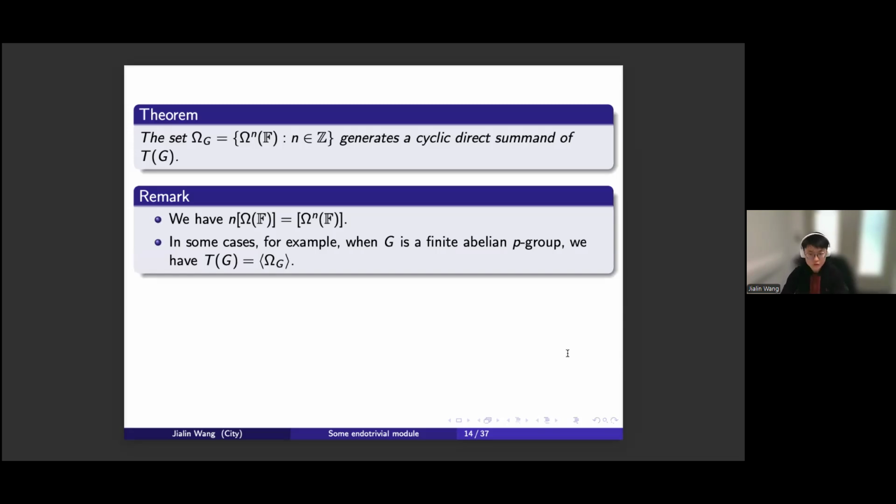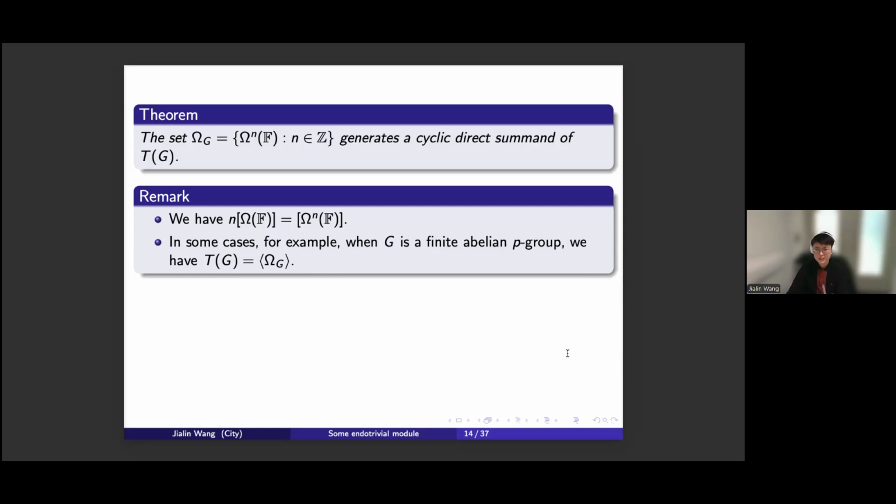A remark firstly is that in TG, n times Omega F is just the nth Omega of F. Basically this says that the indecomposable endotrivial summand of the nth syzygy of F is the same as the indecomposable endotrivial summand of the nth tensor power of Omega of F. That's why Omega G generates a cyclic subgroup of TG.